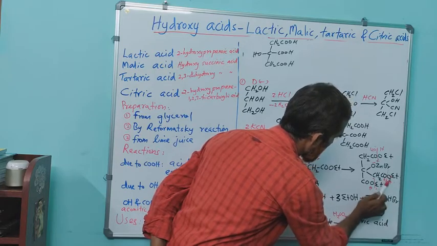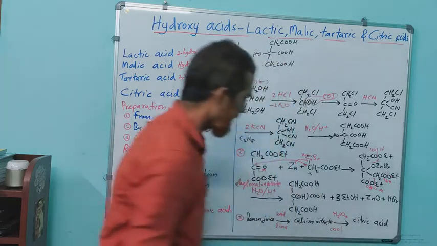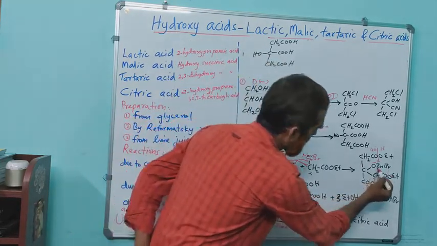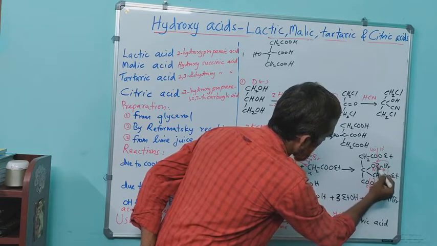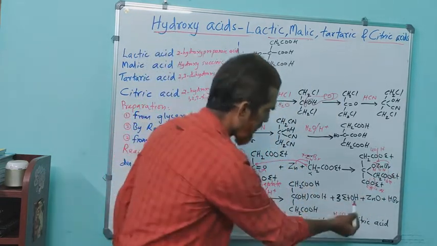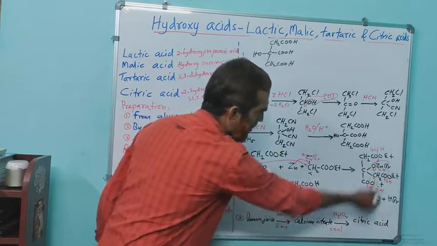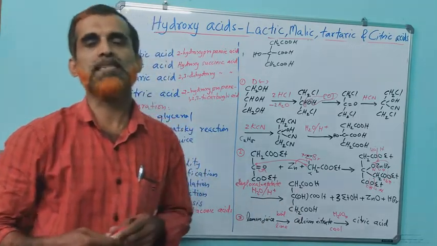Here also it is H here and OH here. So you are getting here, see this, what about this one? This also will break like this, hydrolysis takes place, you get this one. Finally, you have ZnO, HBr and 3 molecules of ethanol and you get citric acid. Okay, that's Reformatsky reaction.